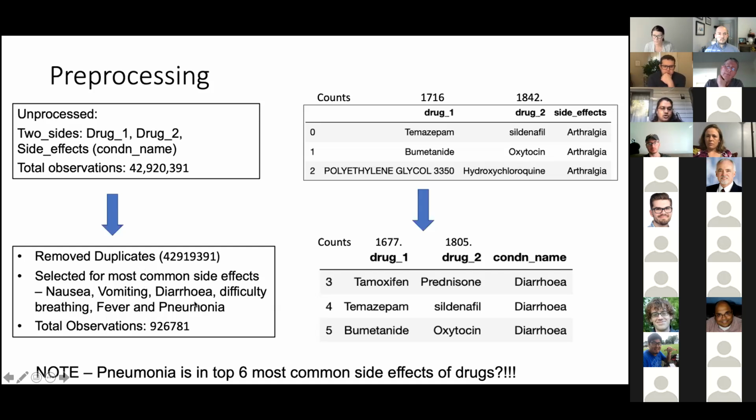After removing the duplicates and selecting for the most common side effects, there were total observations of 926,000, which was easier to handle in building a model than without selecting for those. And there were 1,677 drug 1 and 1,805 drug 2 drugs.